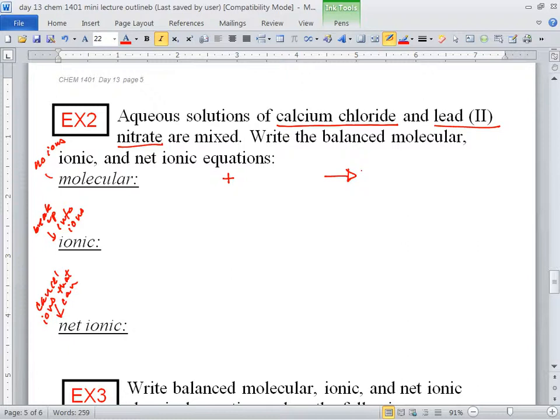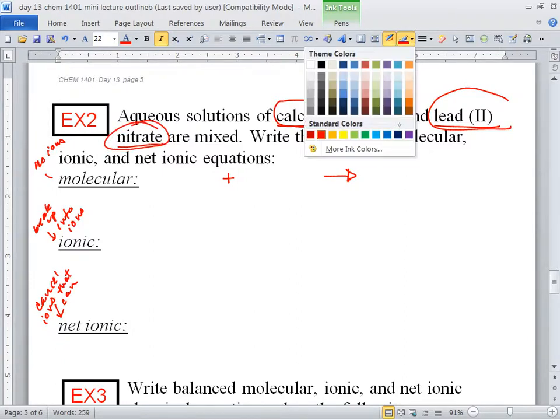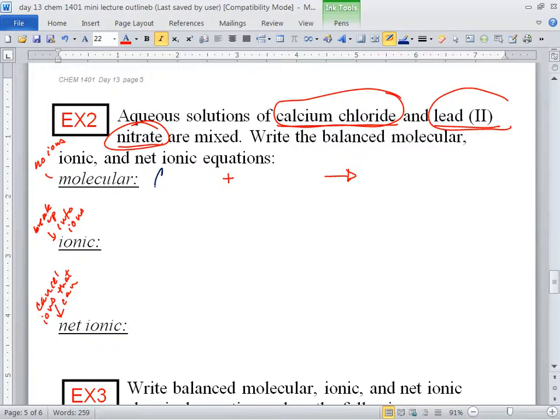I identify what the 2 reactants are, and the 2 reactants are calcium chloride and lead 2 nitrate. So calcium chloride, and the subscripts are huge. Calcium is in group 2, so I need a plus what on it? Plus 2. Chloride is 1 over from the noble, so that's a -1. So it's really CaCl2.